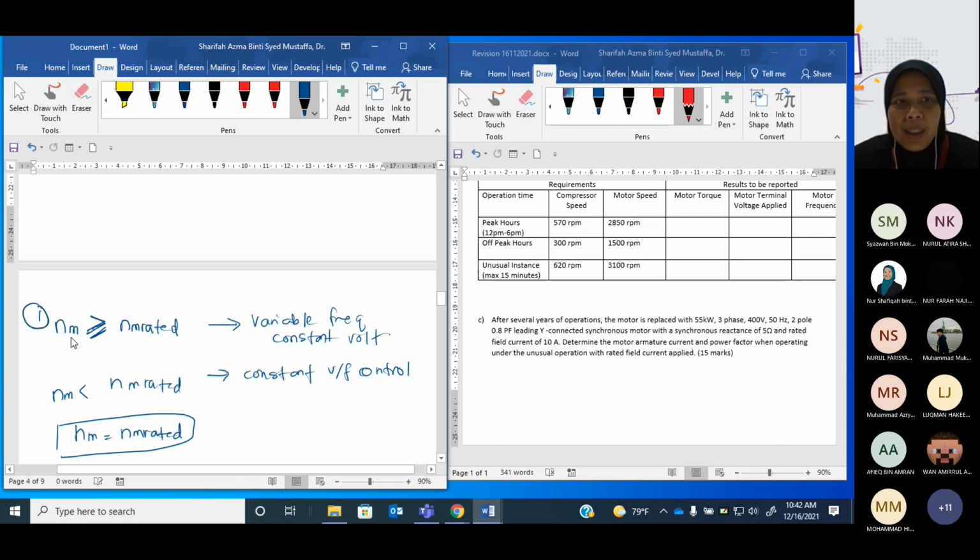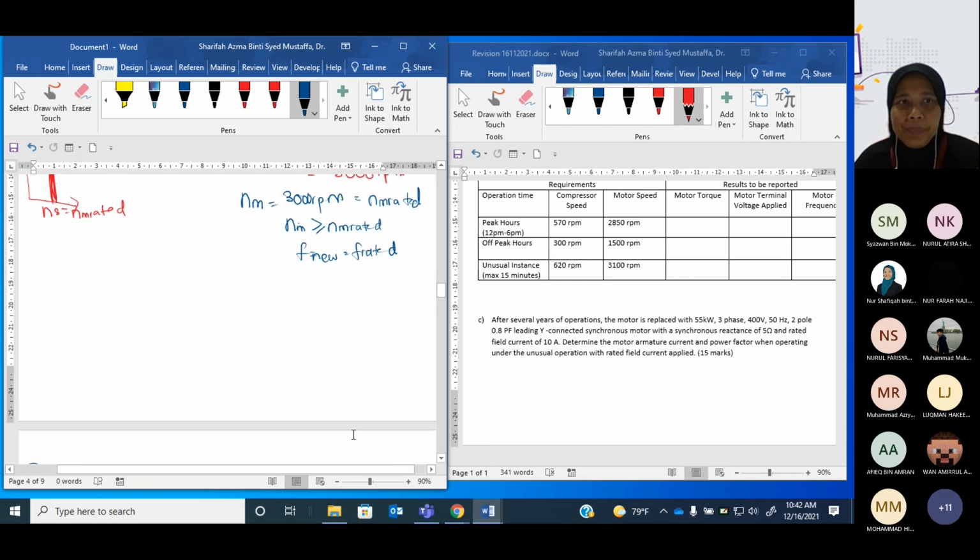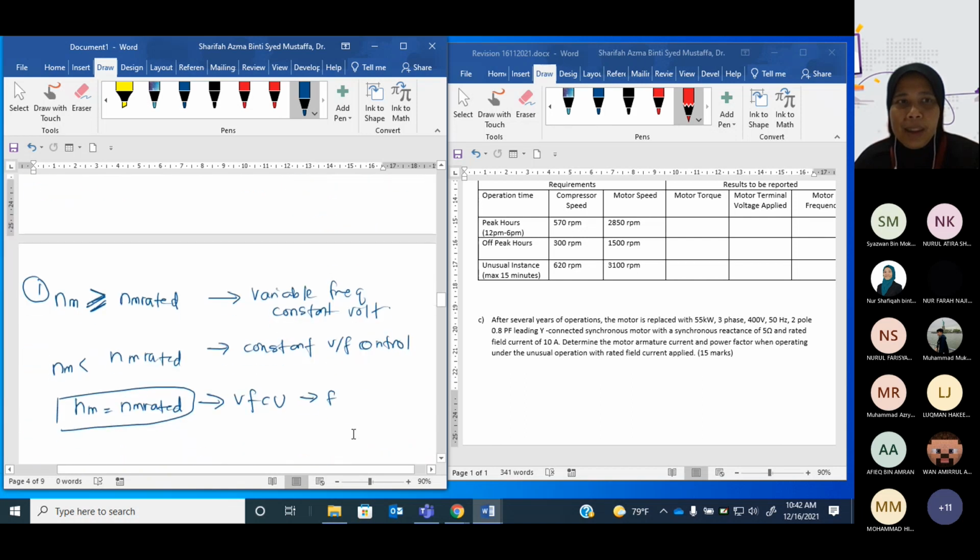You akan guna variable frequency with constant voltage strategy, where F nanti you akan dapat F equal to F rated and VT equal to VT rated. Okay. Sebab this is based on your ID. Sometimes dia akan jadi macam tu. Dia akan dapat rated value balik. Boleh?